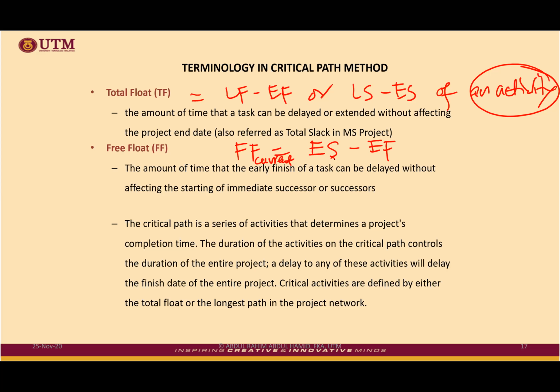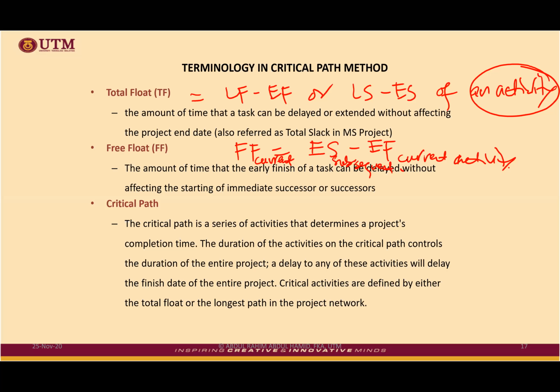Early start of current activity, early finish of the... no, sorry. This one, current activity. This one is the current activity that you want to figure out. This is the subsequent activity. Subsequent. Then only you will get the right answer.